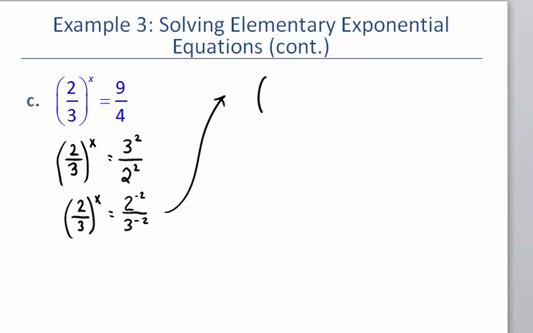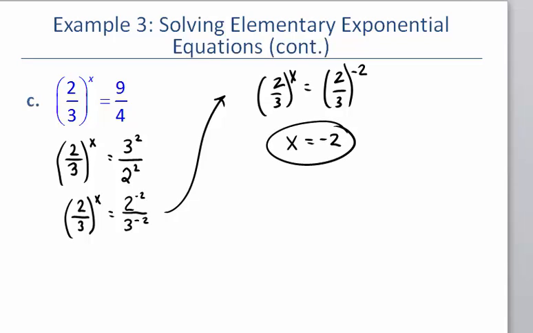Then I could say 2/3 to the x power is equal to 2/3 to the -2 power. And then our bases are alike, and the last step is to set your exponents equal and solve, which is not really necessary at this point. We have our final answer, x is equal to -2.